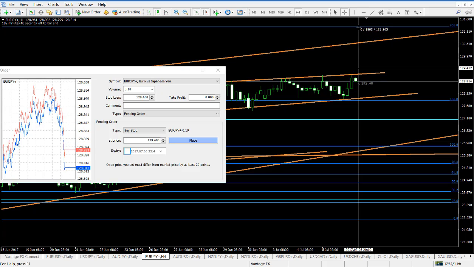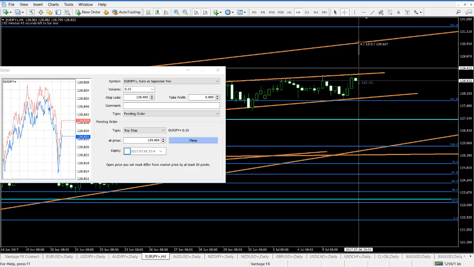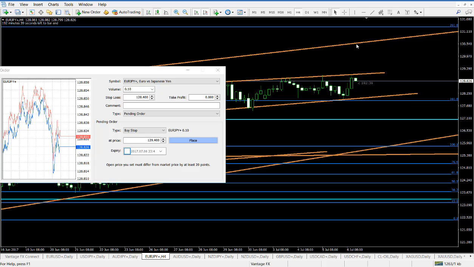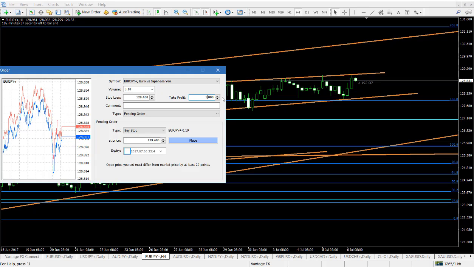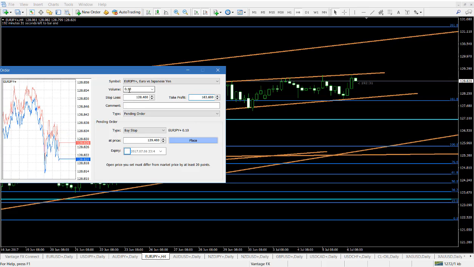How much? This is 180, 190, and that's going to be 118. So I'm going to get 120 pips, roughly the 130.60, 130.6. This is my target, and it's 0.1.